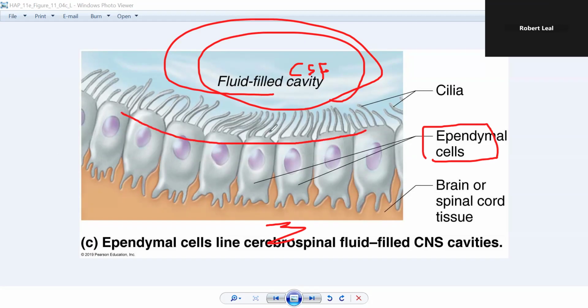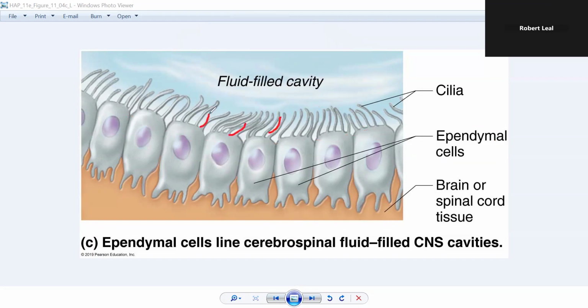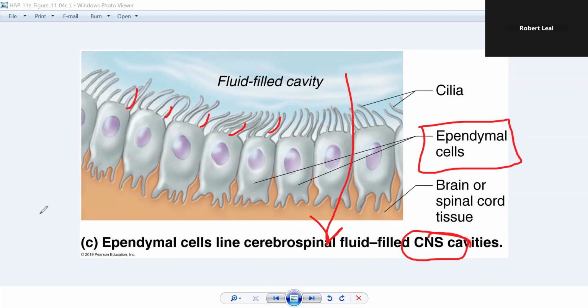Ependymal cells have cilia to help propel the fluid so it doesn't just remain stagnant. The other thing the ependymal cells provide is a barrier, so not anything has easy access to your neurons deep in the brain. That is the function of ependymal cells, again, located in the central nervous system.